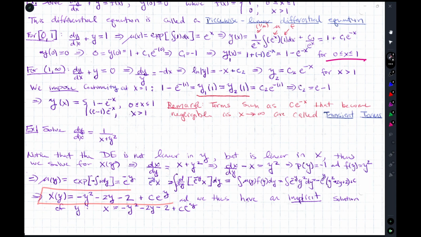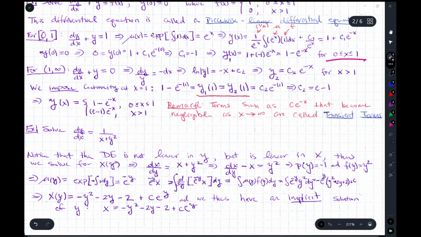And if we had an initial condition, y at x equals 0 equals something, or x equals 2 equals something, or whatever, then we could still impose that, except we have to be careful.